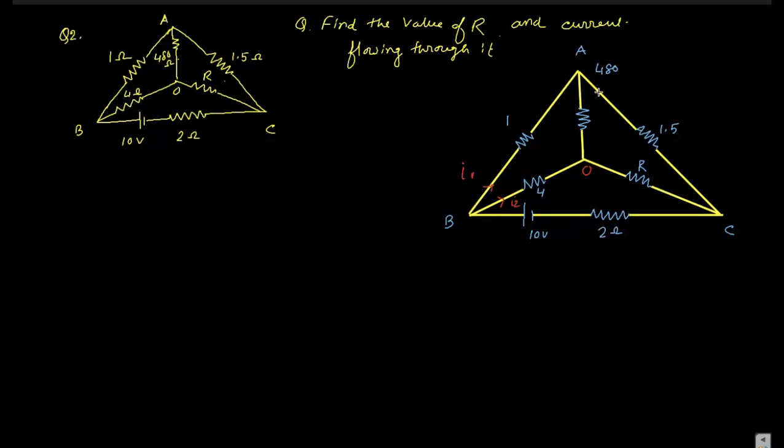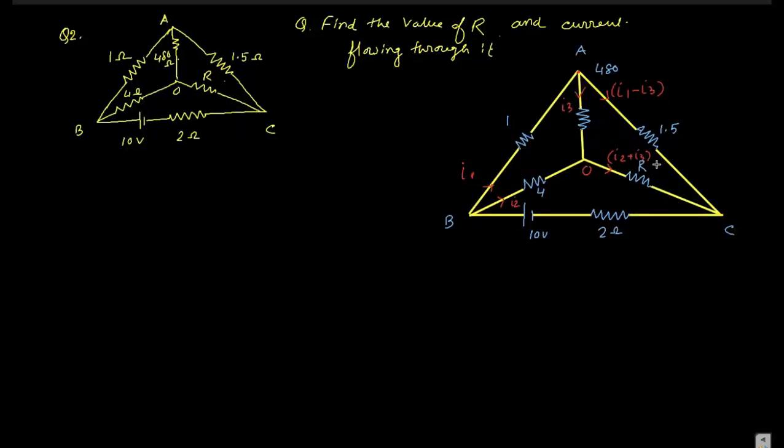Now in this branch, if I3 is flowing, then here I1 minus I3 is flowing through it. If I2 is coming from here and I3 is coming from here, then here it is I2 plus I3.